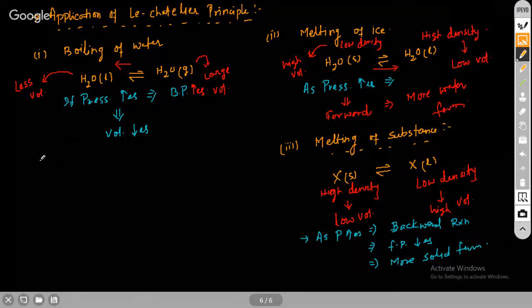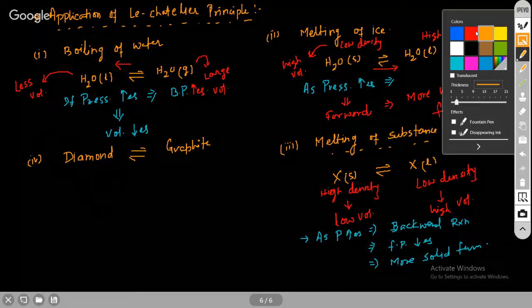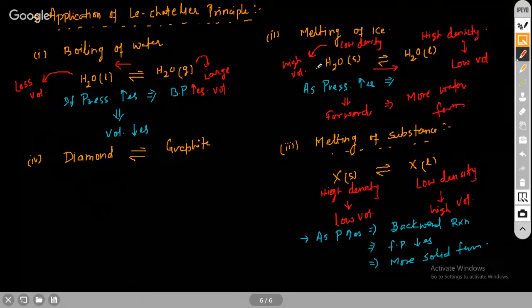Fourth one, diamond and graphite. See, diamond has higher density than graphite.